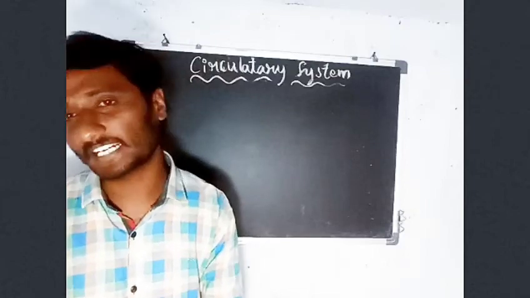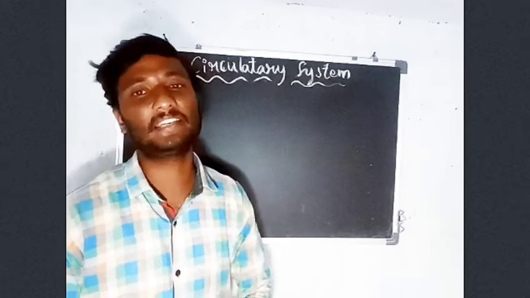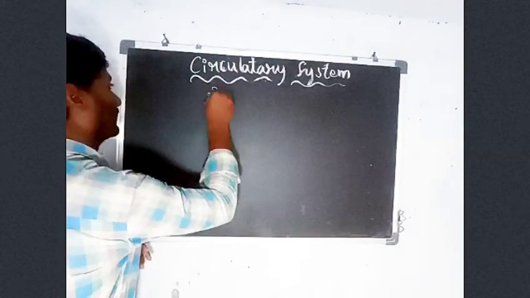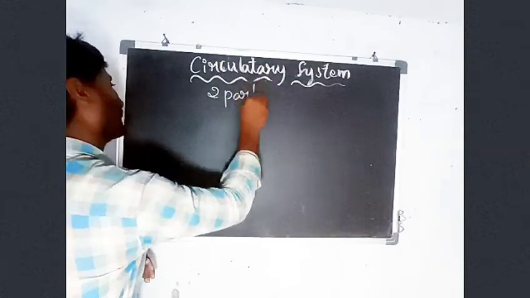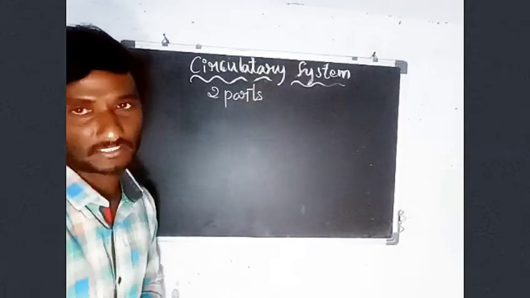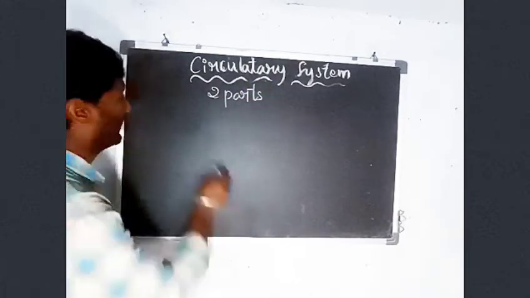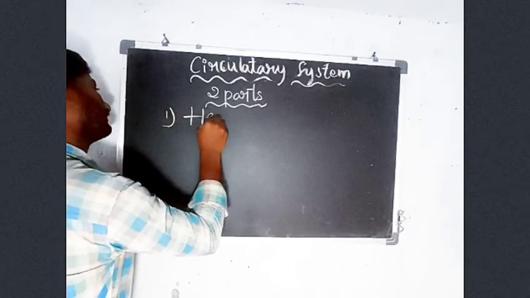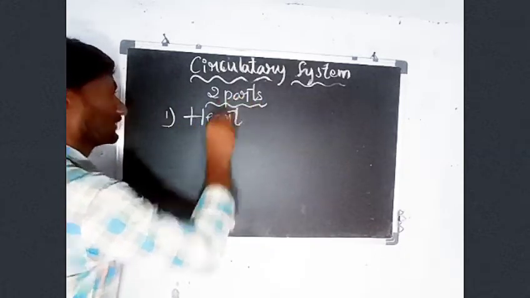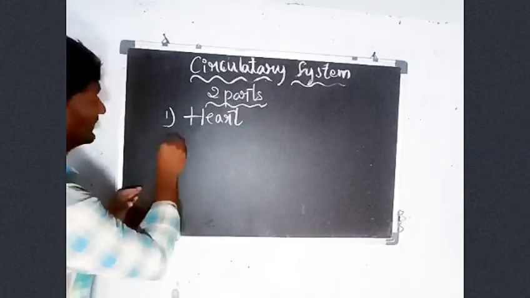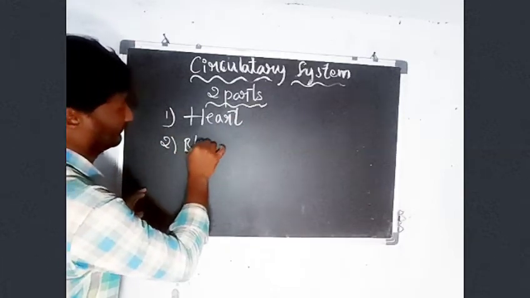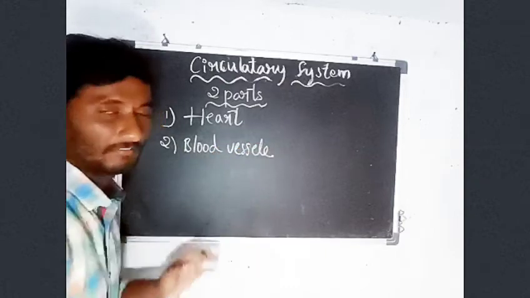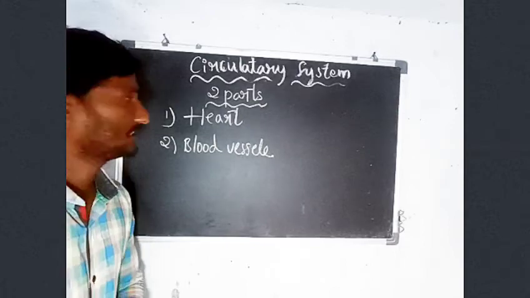In the human circulatory system, we mainly observe two parts. The first one is the heart. The second one is blood vessels.